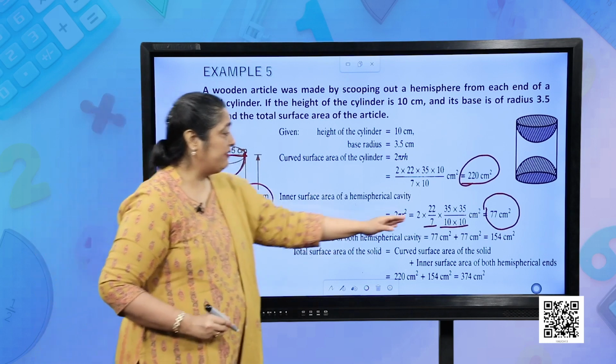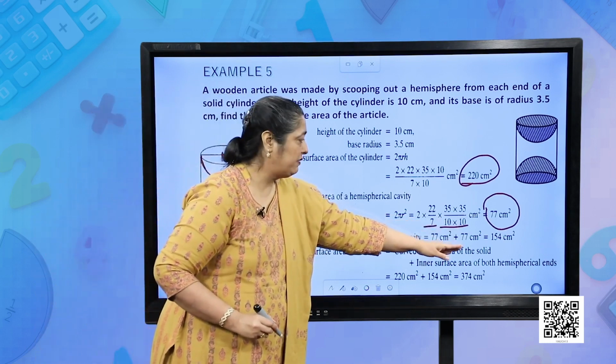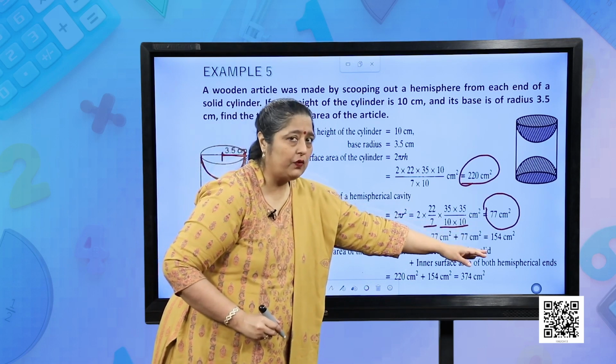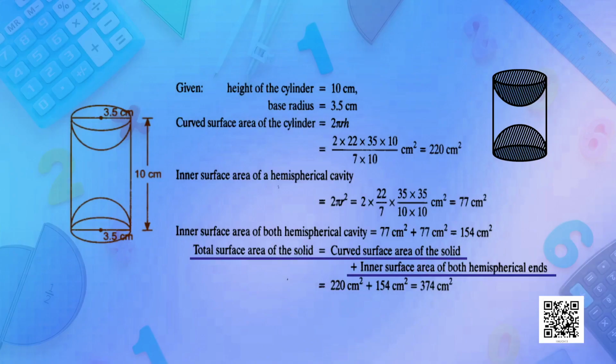So, we have 77 plus 77, that is 154 centimeter square. Now, the total surface area of the solid will be curved surface area of the solid plus inner surface area of both the hemispherical cavity. So, we have 220 centimeter square plus 154 centimeter square, that comes out to be 374 centimeter square.